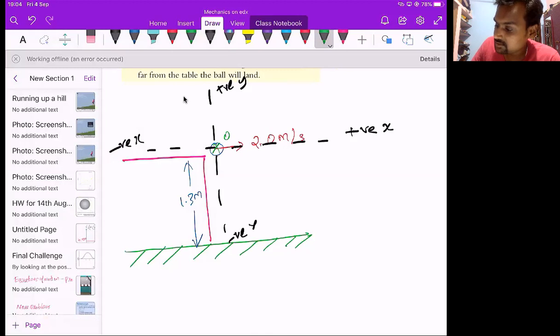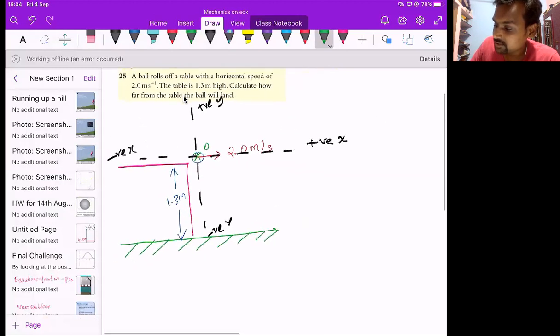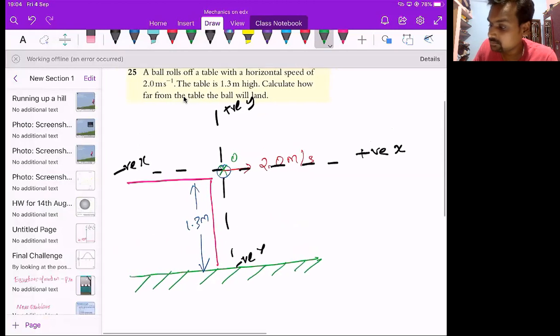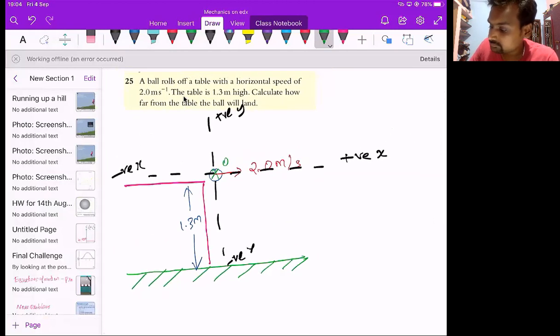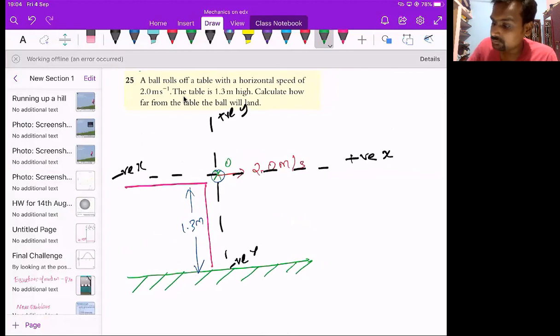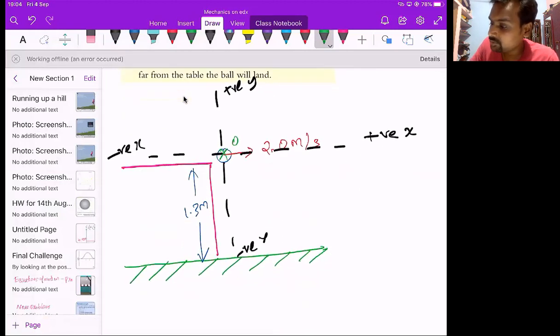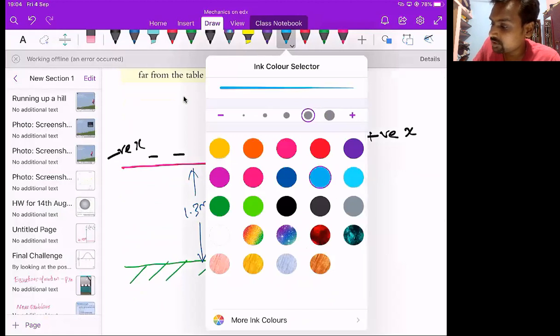So I think we are done with the pictorial representation of the diagram now, right? So the question is asking for what distance. See, if I have to draw the nature of the journey of the ball, it's going to project horizontally, right?